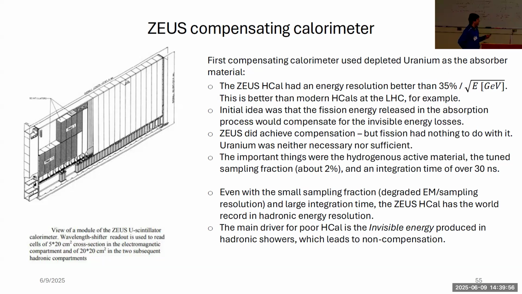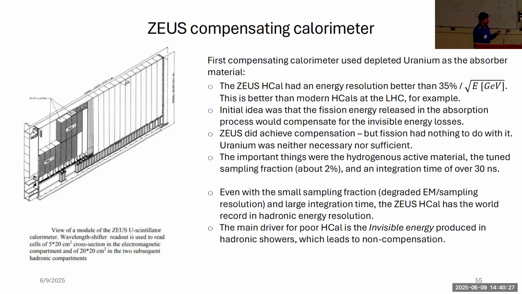The initial idea here was actually to use fission energy. The idea was that the depleted uranium would fission, and it would release some additional energy that compensates for the invisible energy losses. But while they did achieve compensation, it wasn't due to what the initial idea was. So the fission had nothing to do with it, and the uranium was actually not the most important aspect.